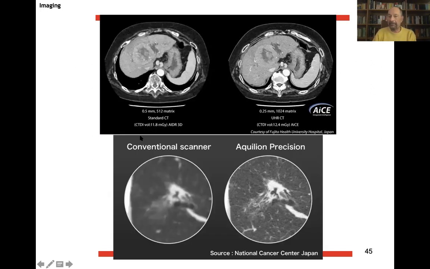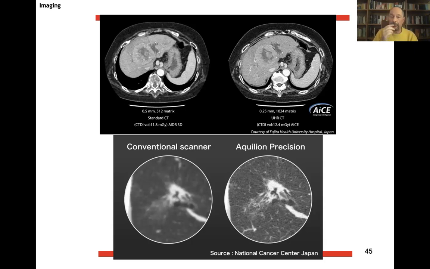These are examples of the difference between conventional scanners and Aquilon, which is a next-generation, very modern CT scan. You see here for the abdomen, this is a standard CT, and this is an ultra high resolution CT.